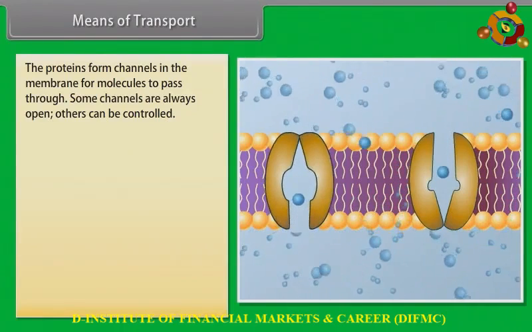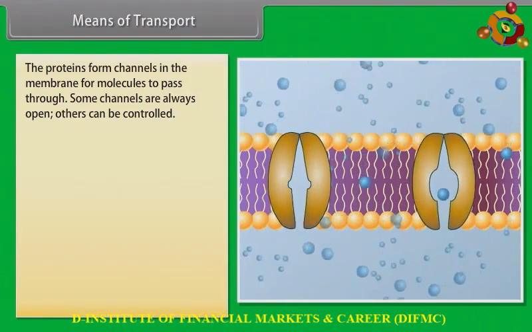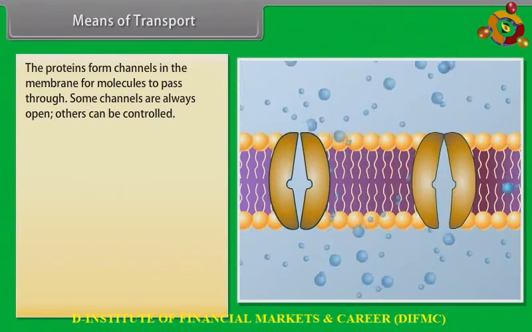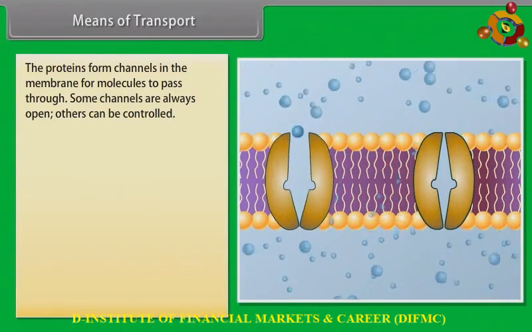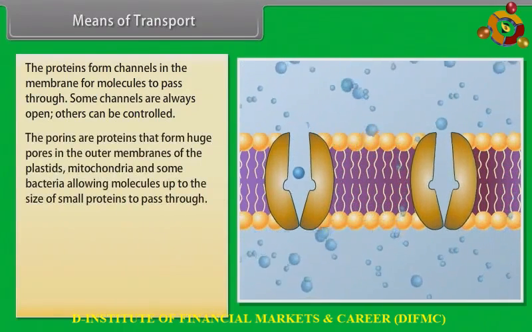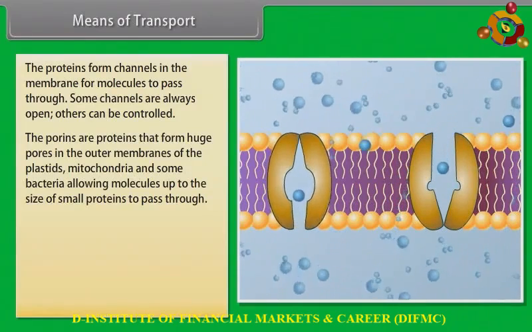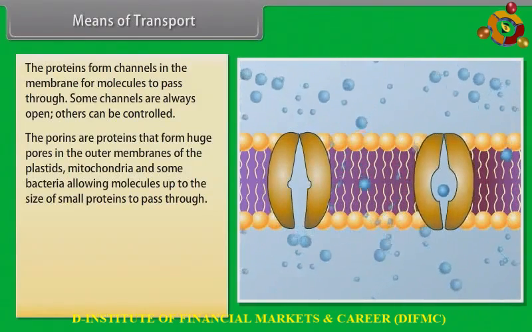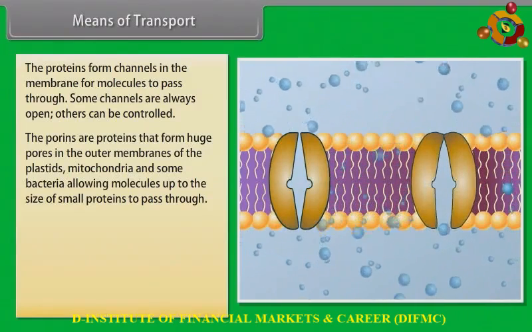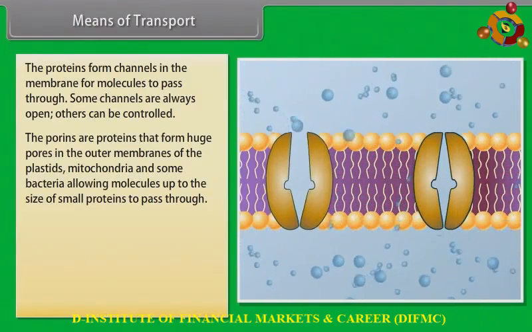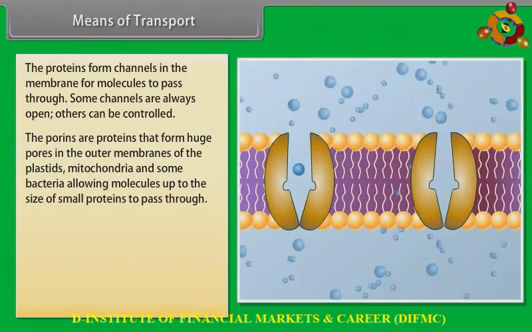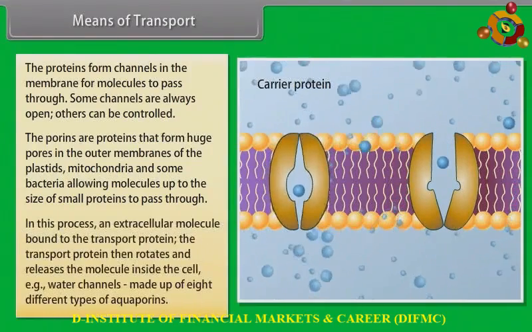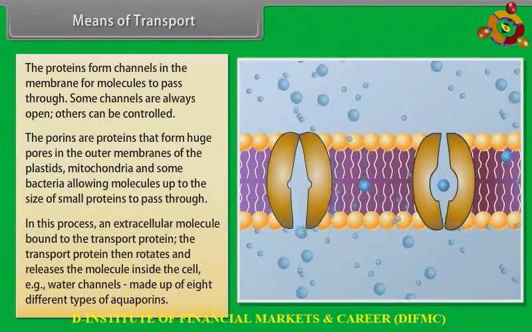Some channels are always open, others can be controlled. Some are large, allowing a variety of molecules to cross. The porins are proteins that form huge pores in the outer membranes of the plastids, mitochondria, and some bacteria, allowing molecules up to the size of small proteins to pass through.